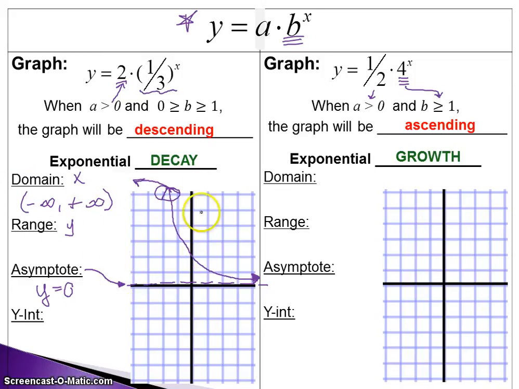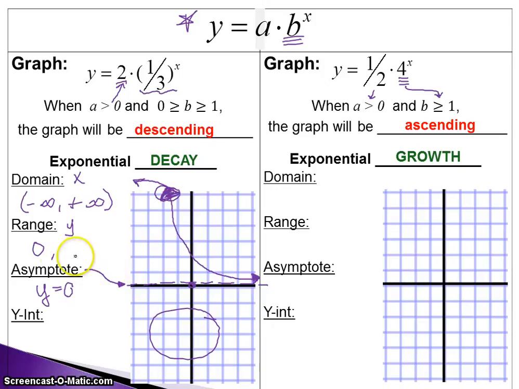Our range references our y's, and when we look at this graph, we notice what we talked about with the asymptote, that we have a line right here, and we said it's never going to cross this line. And if it's never going to cross this line, we know that there is no function down here on the bottom. So since there's no function down here on the bottom, that means the first y that we have is 0. That's the first option that we have. And we notice this arrow up on the top is facing up.